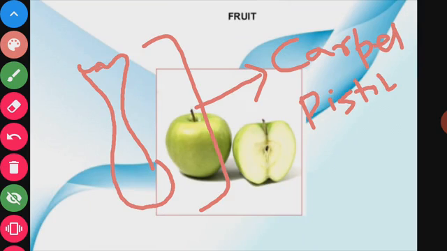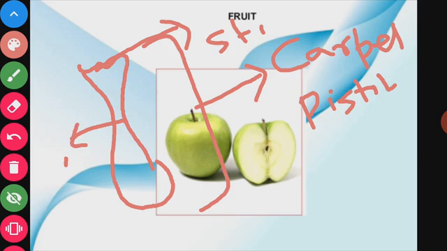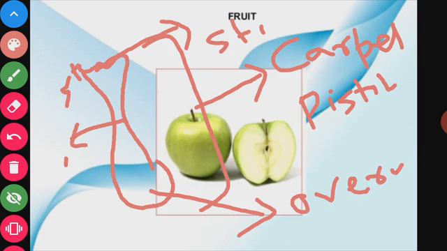It has three parts. This is known as stigma. This middle part is known as style. And this basal part, the swollen basal part, is known as ovary. In ovary, there are ovules.